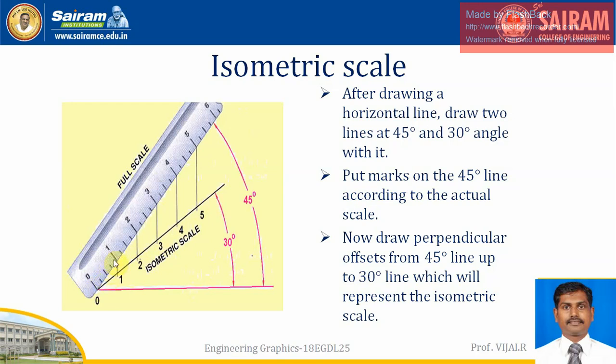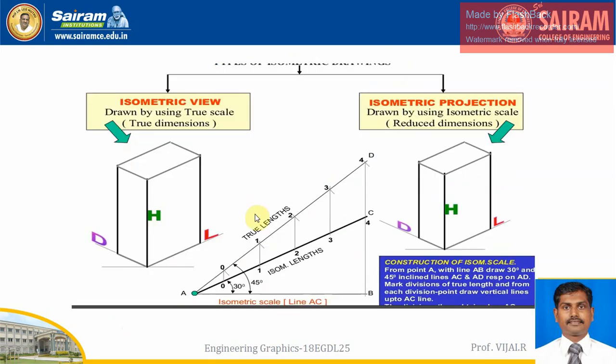This 1 centimeter true value is equal to this distance in isometric. Do you understand now? What is the scale factor? 1 centimeter is equal to how much now? By this we get the isometric view on the isometric projection, after completion of the iso scale.